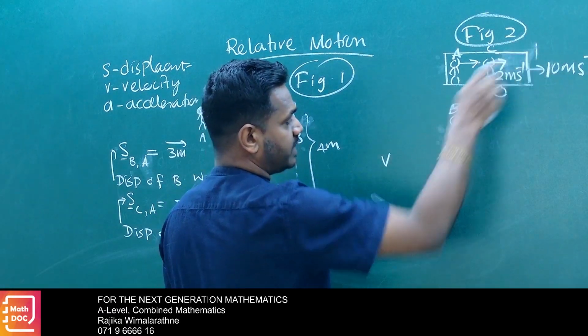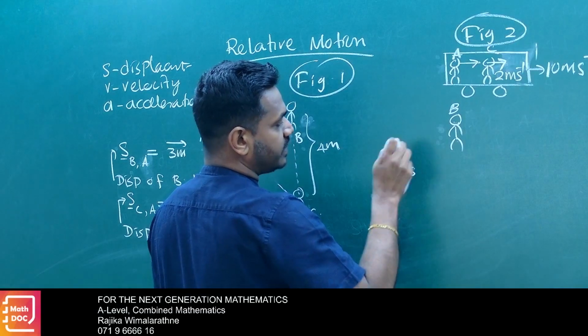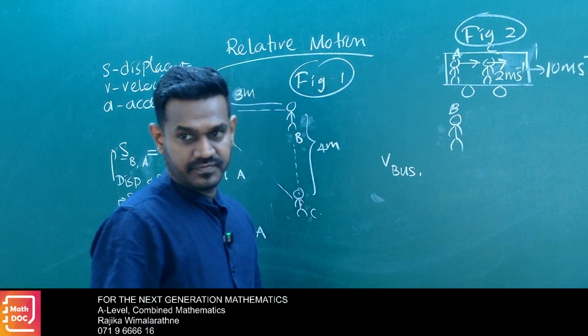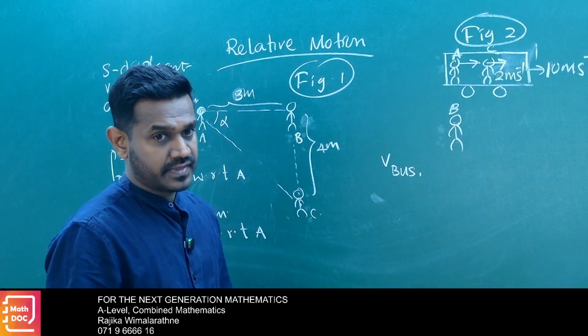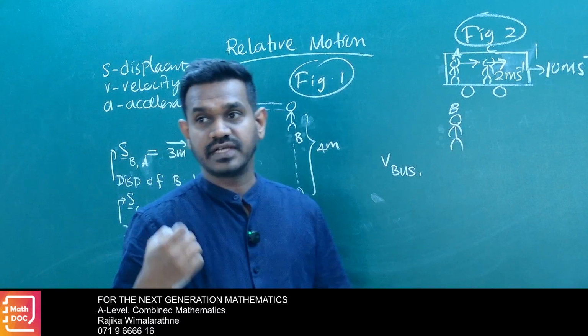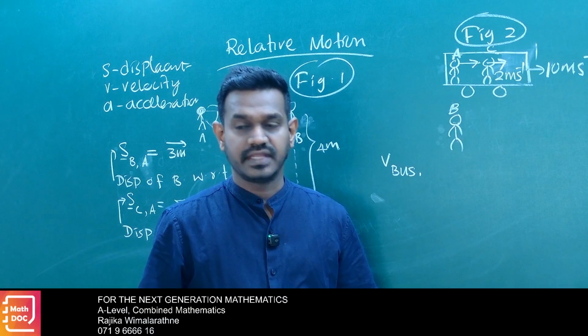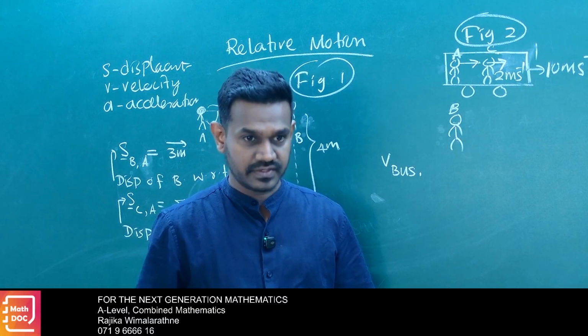Before that, velocity of bus. If the frame is not given, you take that with respect to Earth. So velocity of bus 10 meters per second means velocity of bus with respect to Earth.